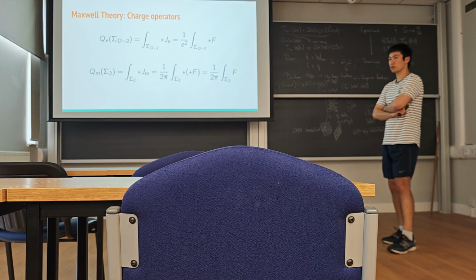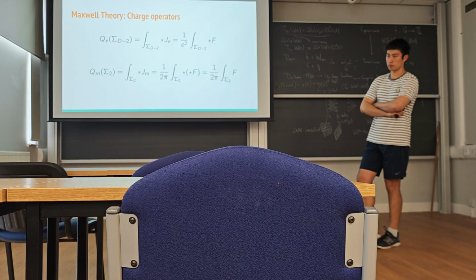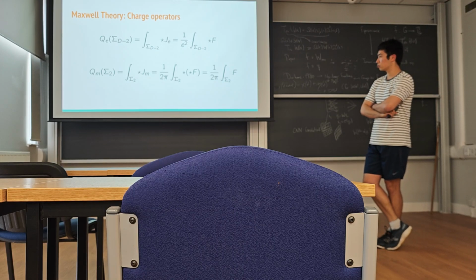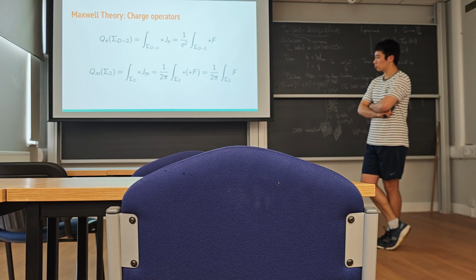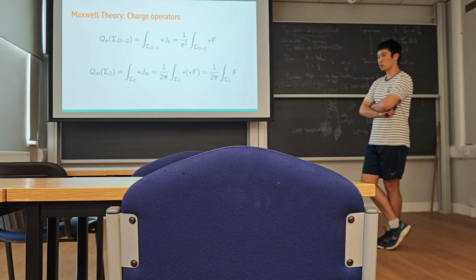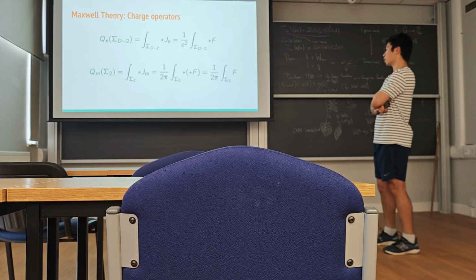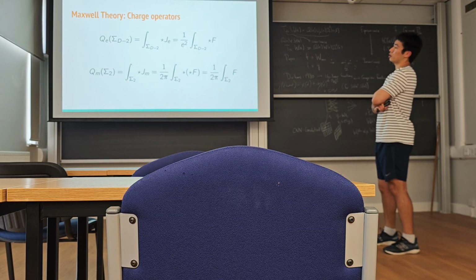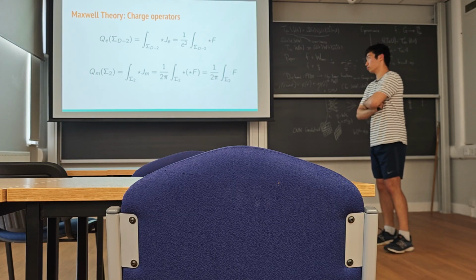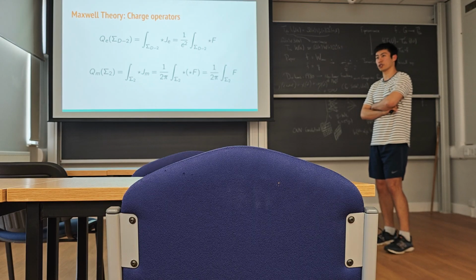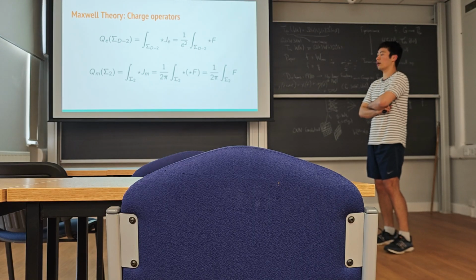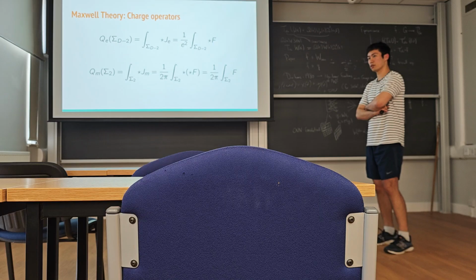Something in that language, that the action of this thing on the field leaves the action invariant, is what I would expect to be a symmetry. And so maybe I'm just missing that step. I see that you have conserved charges, but I don't see the transformation law completely. Yeah, I don't think we think about it like that, because these charges can only act on the Wilson lines which do not enter the action. So I don't think it actually affects the action in that way.